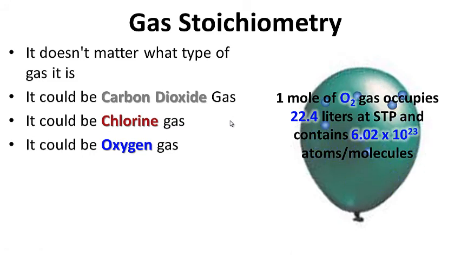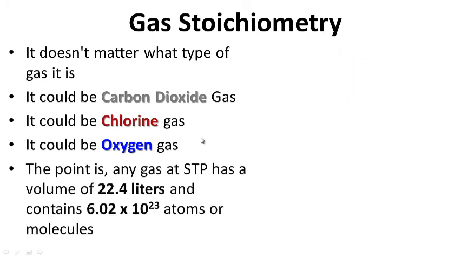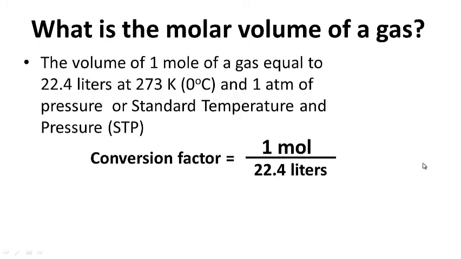Once again, the same thing. So the point is that any gas at STP has a volume of 22.4 liters and contains 6.02 times 10 to the 23rd atoms or molecules.